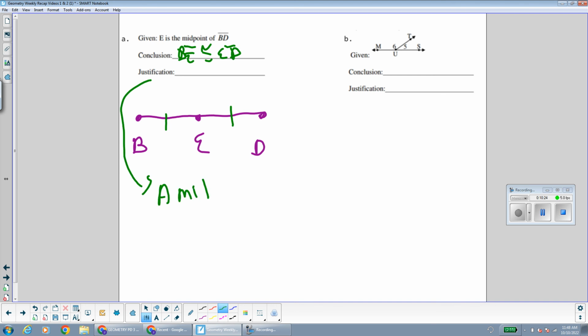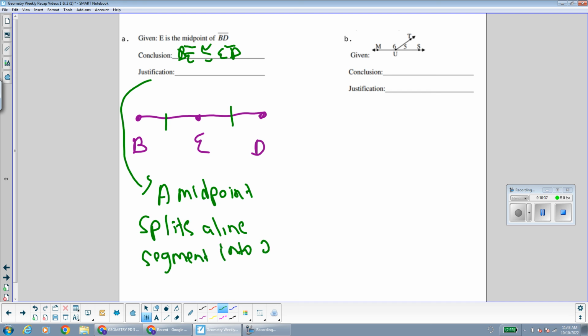A midpoint splits a line segment into two congruent parts.